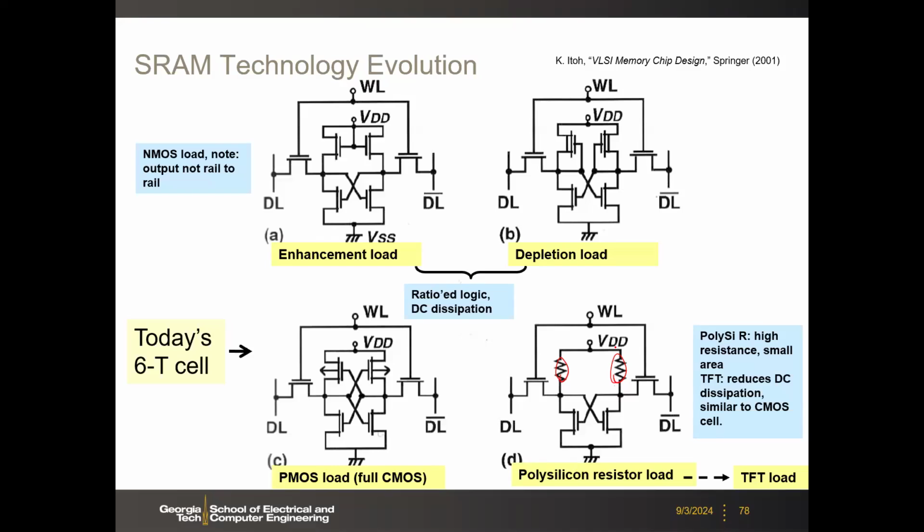So it's still functional as SRAM, but you may not have the rail-to-rail operation because this resistor will always have some voltage dividing effect. You cannot turn off the resistor, right? You can turn off the PMOS, but you cannot turn off the resistor. So this does save some area, right? Because the poly resistor can be fabricated on top. You do not spend the transistor footprint. And also in the old days, you may not have the PMOS technology, right? Then you have the pure NMOS design.